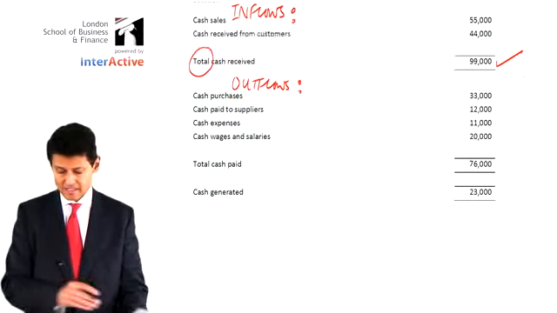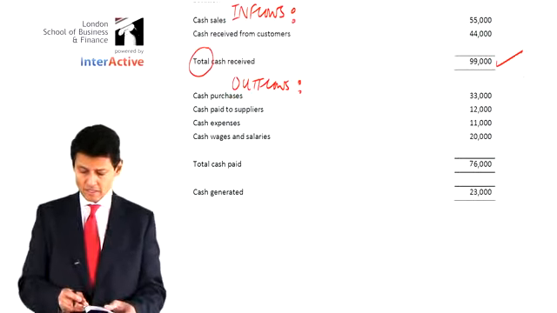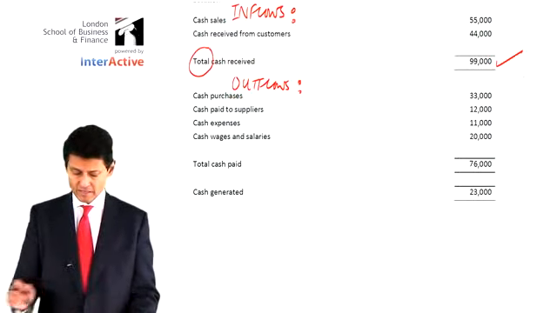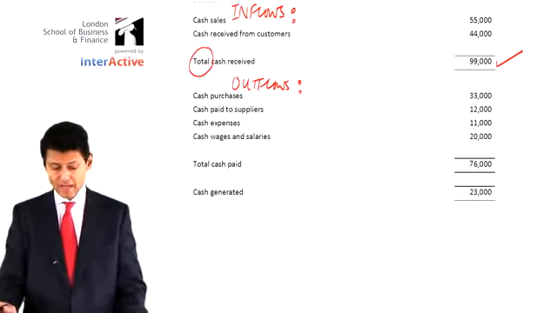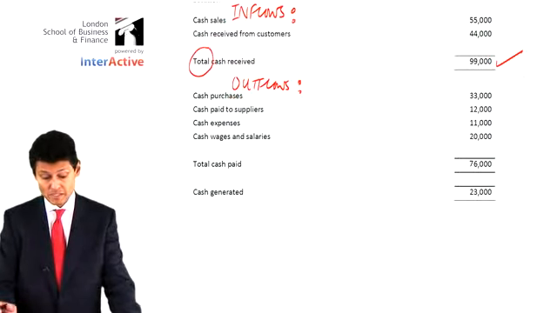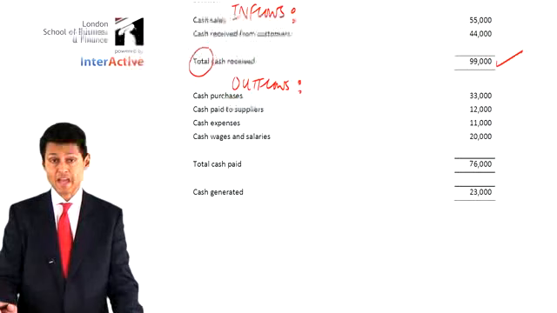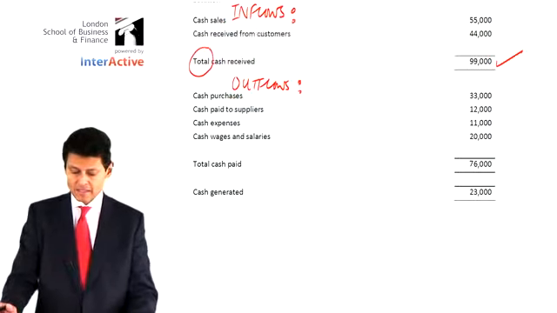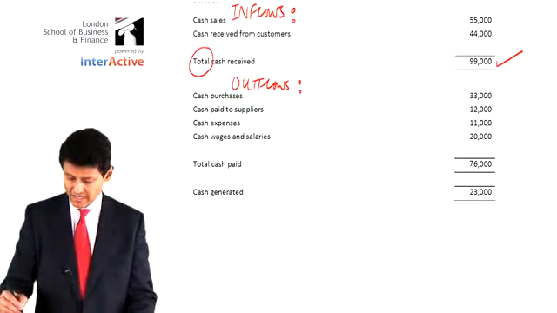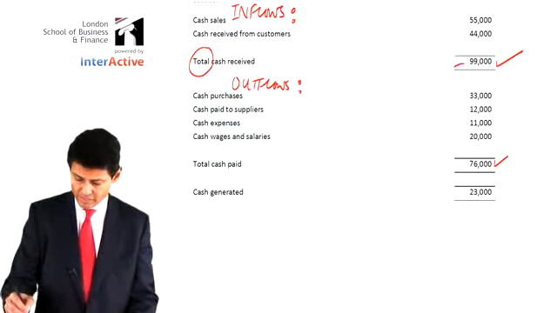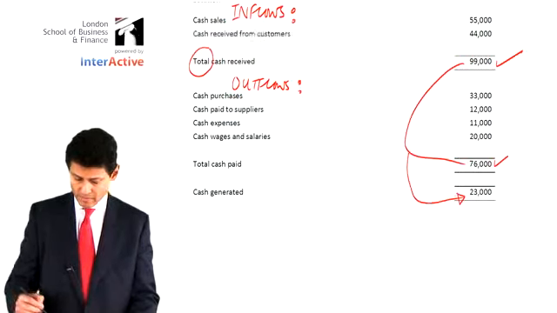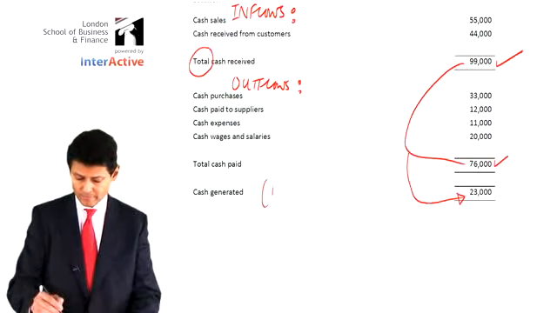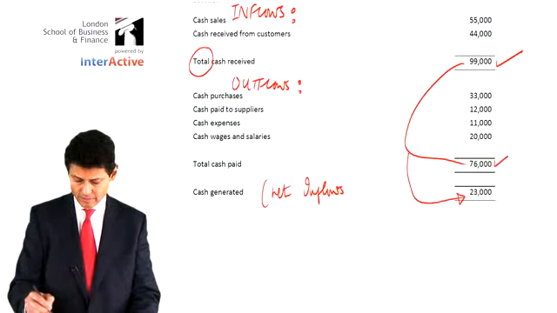Cash purchases as given, 33,000, 12,000, 11 and 20 respectively for the cash paid to suppliers, cash expenses, cash wages and salaries. Notice the word cash everywhere. And so you bring it in directly as 76. And of course the difference between the two is what we call cash generated, net inflows.